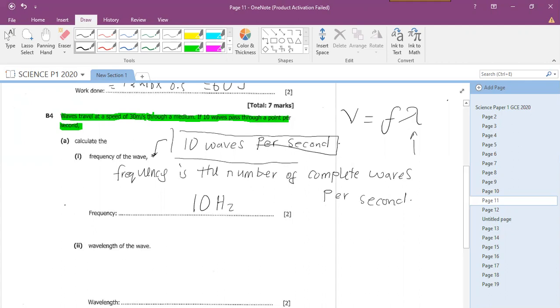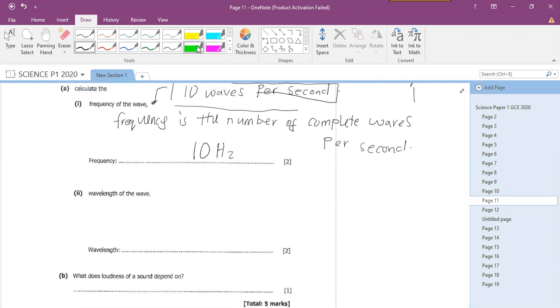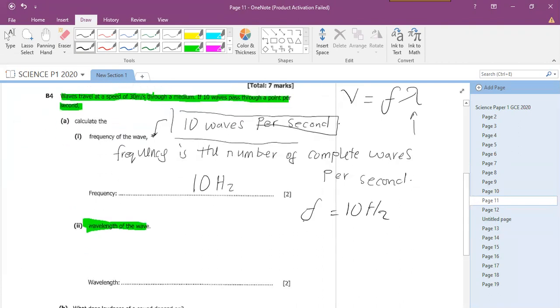So at least this one was easy and straightforward. Then the next part of the question is telling us to calculate the wavelength, given the frequency of 10 Hz and the velocity of 30 meters per second. Remember, whether you like it or not, every time you're dealing with waves, you're going to find this equation: velocity is frequency multiplied by wavelength, denoted by the symbol lambda.